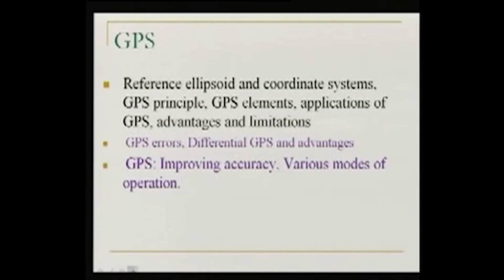Well, in GPS, in our first lecture today we will be talking about reference ellipsoid, because in talking about the GPS we should know about the reference ellipsoid, because the GPS observes or measures the coordinates using one ellipsoid, and then a little bit about coordinate system. Then we will be looking into the principle, the elements, applications of GPS, and advantages and disadvantages of it. So we begin with the GPS now.